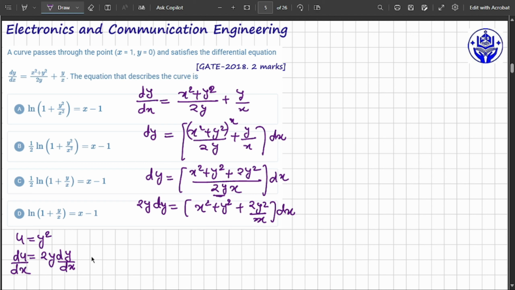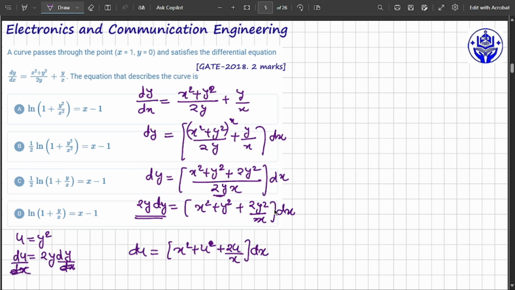So we can just write it as du equals 2y dy. Then we can replace over here: this is du, and it will be x square plus u plus 2 of u here, upon x dx.